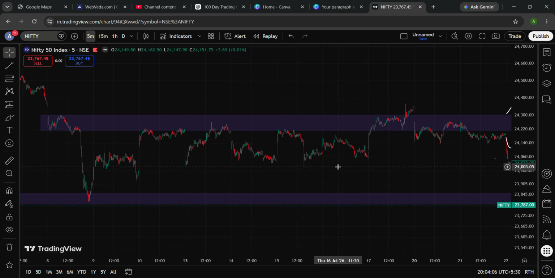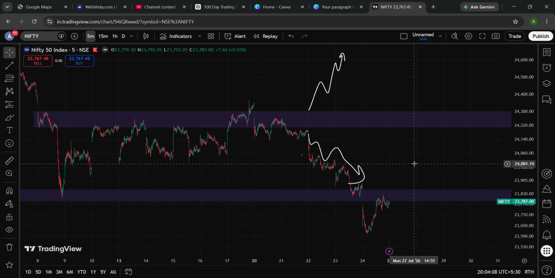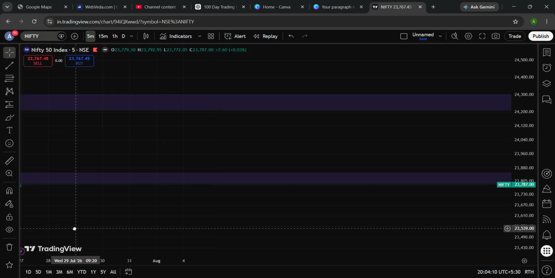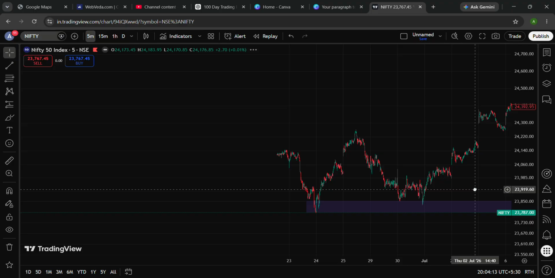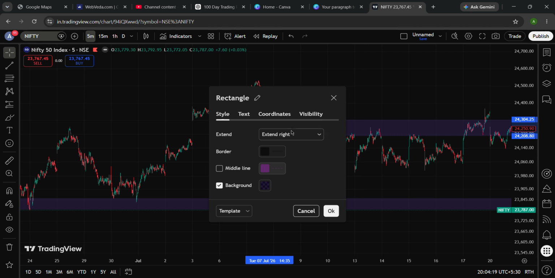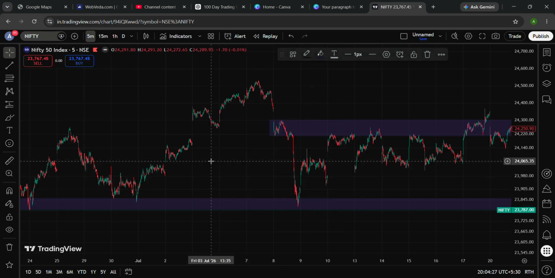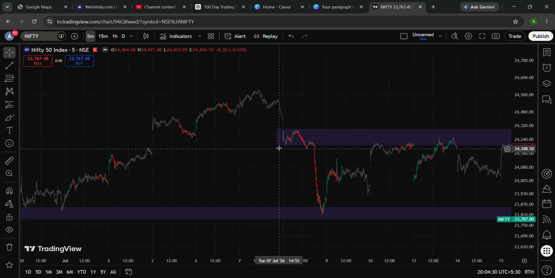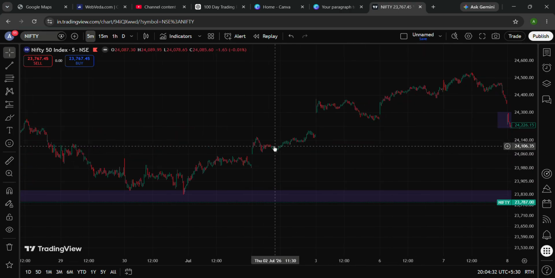Okay, so this is a strong resistance zone for us, and if we plot any support zone, if I show you the settings of my rectangle, this is extended right. I would recommend you to also set your rectangle extended right.